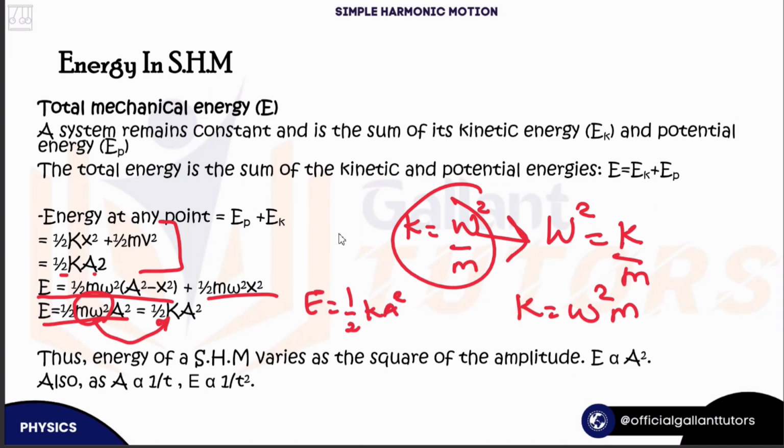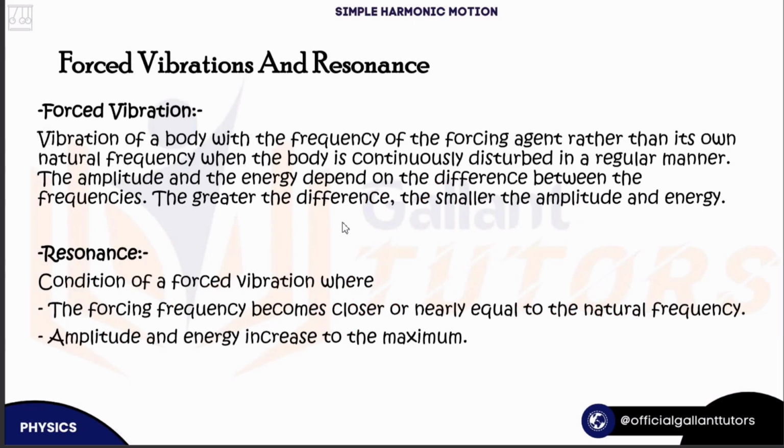So E is directly proportional to A square. I guess amplitude is inversely proportional to T, which is still valid. And energy is directly proportional to what? Half, and is inversely proportional to what? Time square. Is that clear?